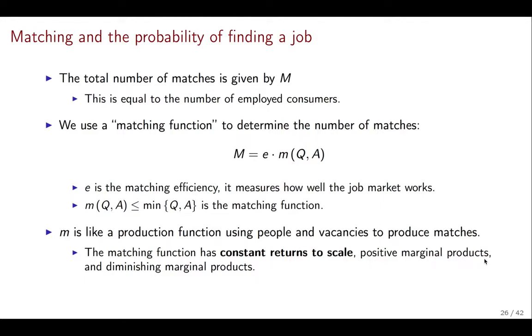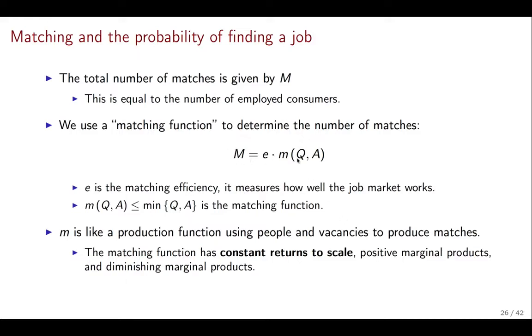That means if there are more searches or there are more vacancies, then you're going to have more matches. The more of them you have, the better. But there are also diminishing marginal products. And so, yes, you can add more people searching, you can add more vacancies, and that's going to get you more matches, but ever less. Okay? So, very similar to how you think about a production function.